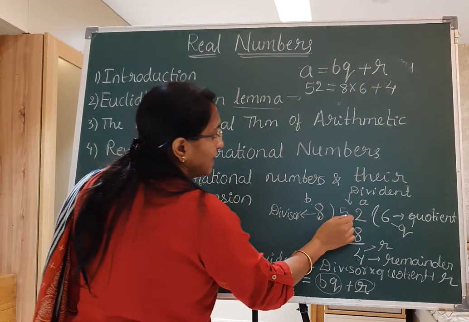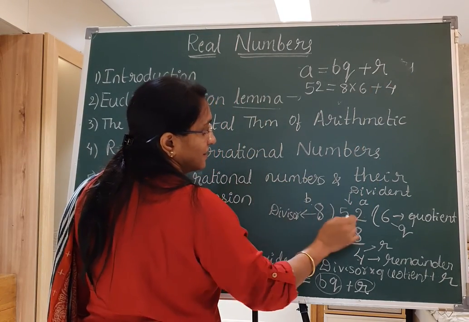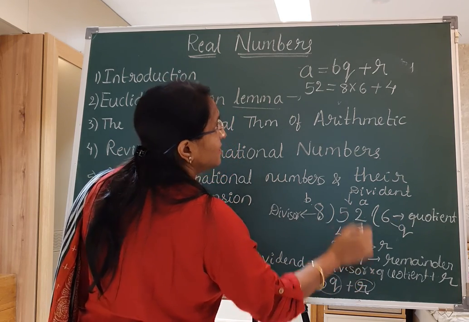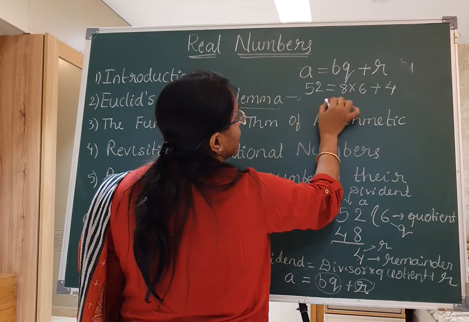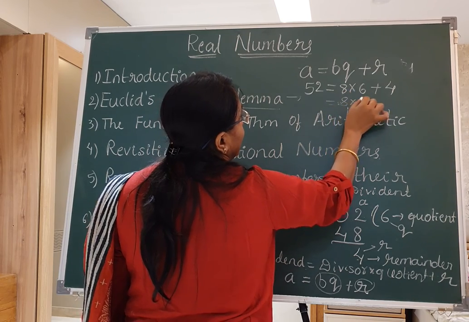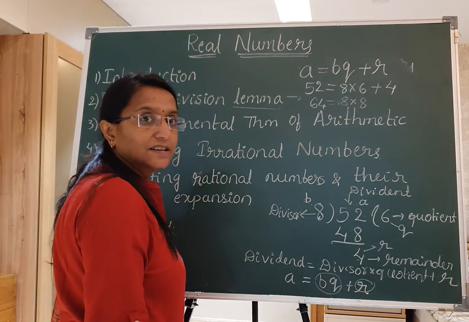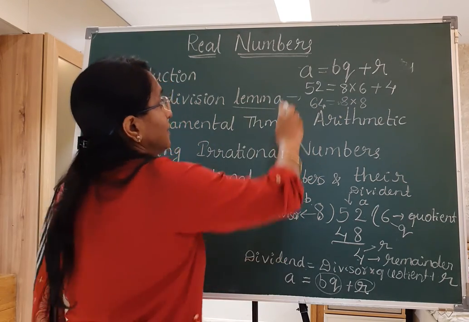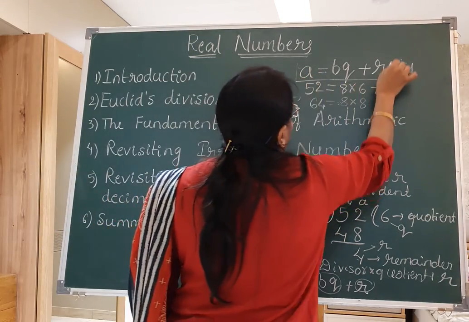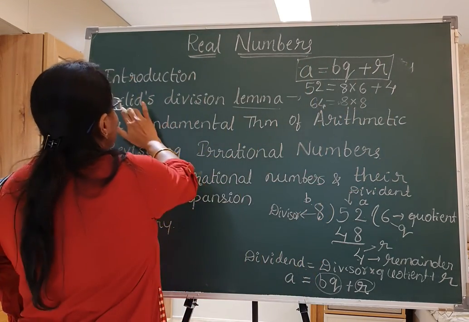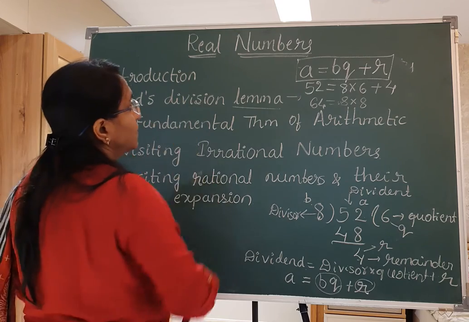Suppose 64 is there: 8 eights are 64, and here you will get 0. So 8 and 8 are factors of 64. This one is important: A is equal to BQ plus R. It is Euclid's division lemma.